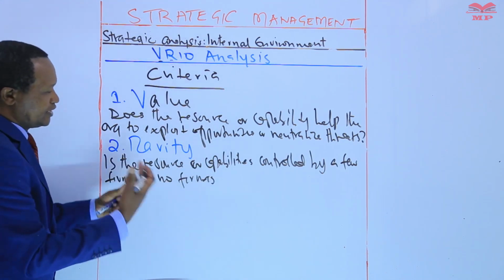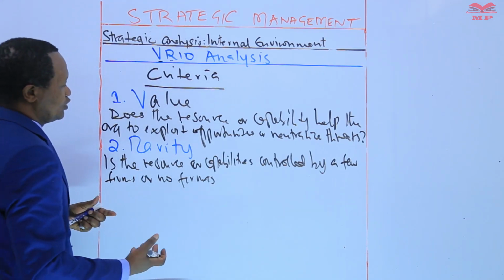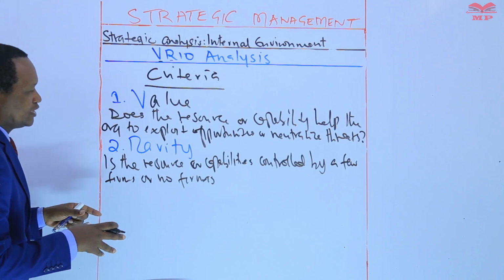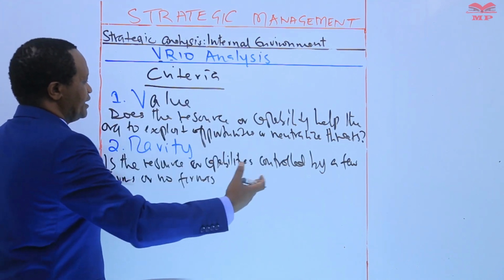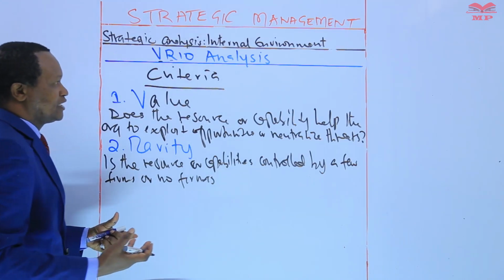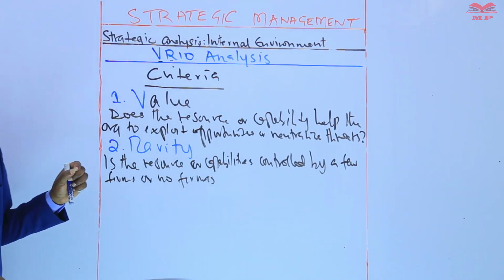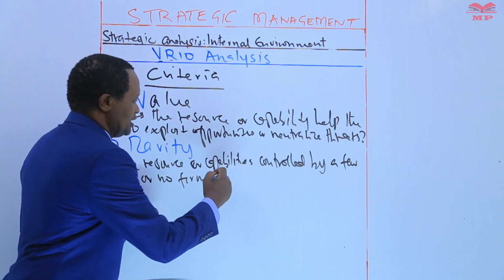Is the resource rare? Is the resource unique to the company, or can other companies replicate the same resource? Can the resource be copied by the other companies, or is it just unique to the organization? That is the question that is answered here.